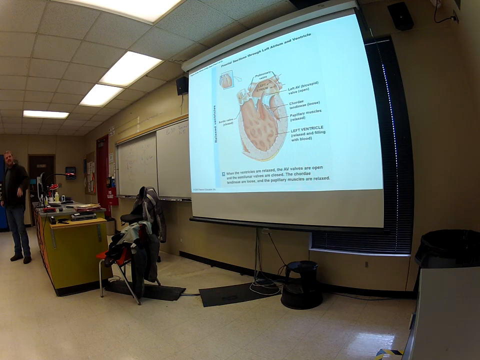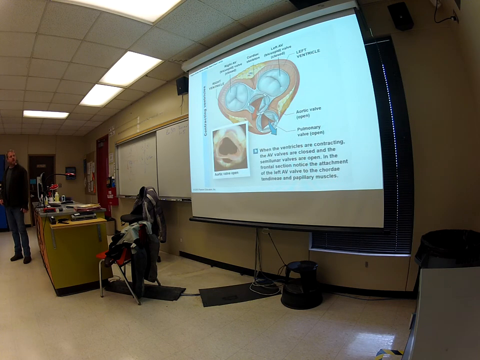Notice the chordae tendineae are loose, the papillary muscles are relaxed, the left ventricle is filling with blood, and then pow! See what's happening with those valves? They get pushed open, and then if the blood flows backwards, what happens to them? They just seal. That's it. Crazy looking, huh?